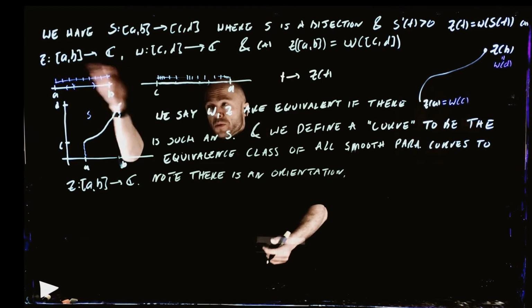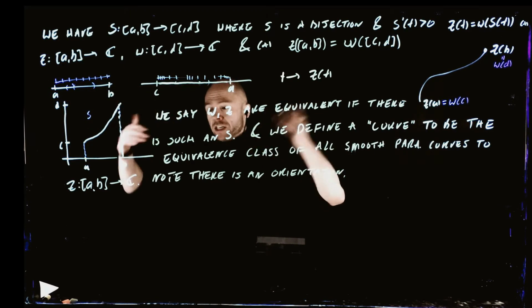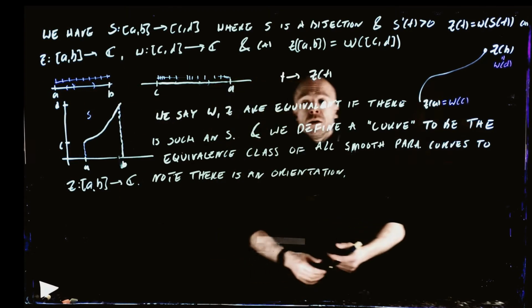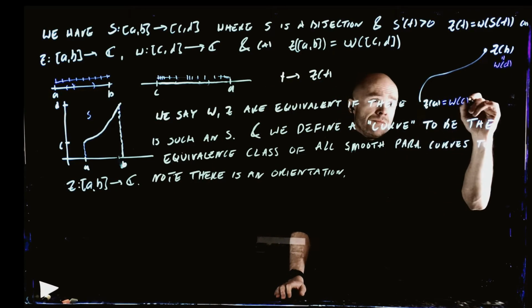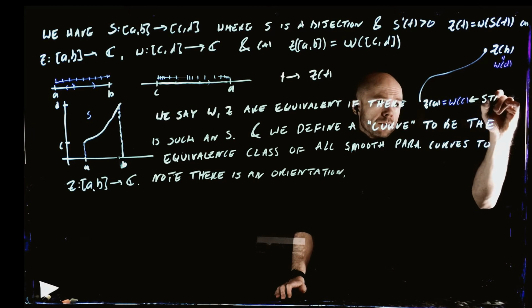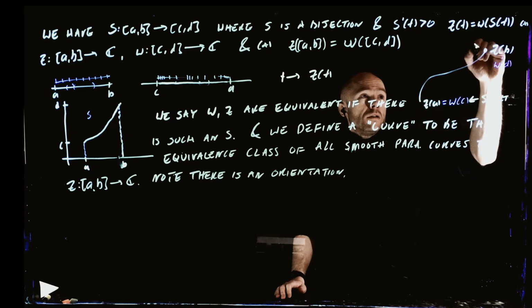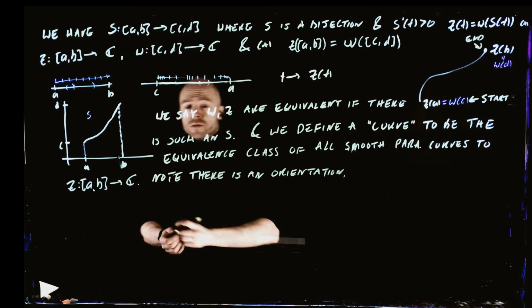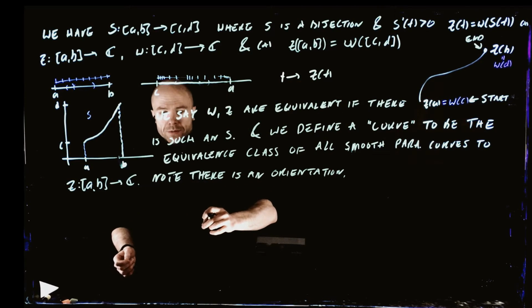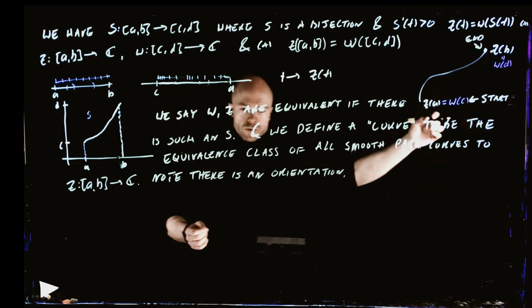Because on the real line, we make the convention, or rather we agree, that A is less than B. So this thing here, Z of A, we think of as the start, and Z of B we think of as the end. Yeah? So every curve has an implicit orientation. There is some choice of the start endpoint and some choice of the end endpoint.